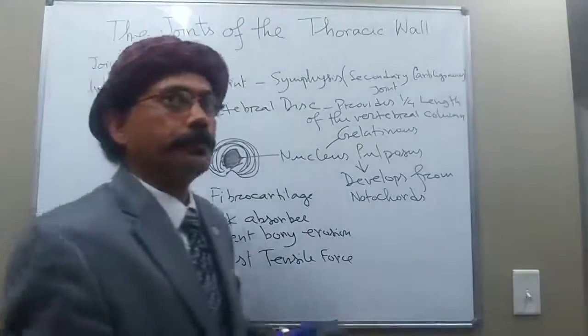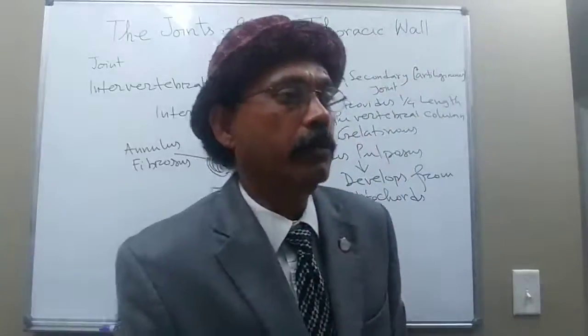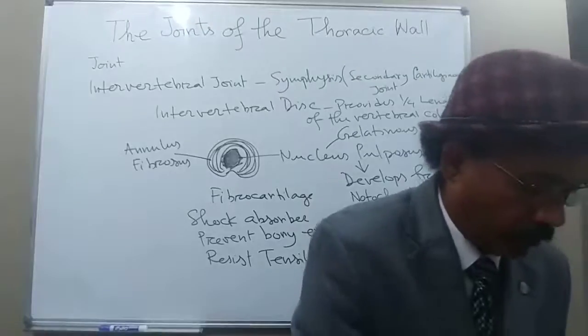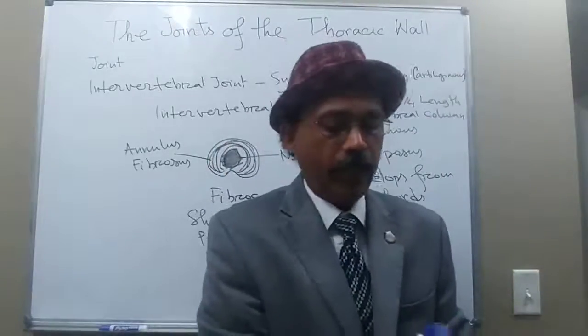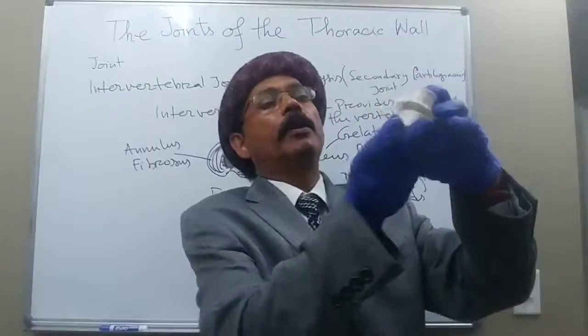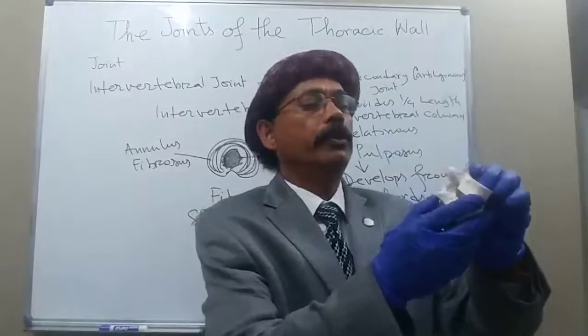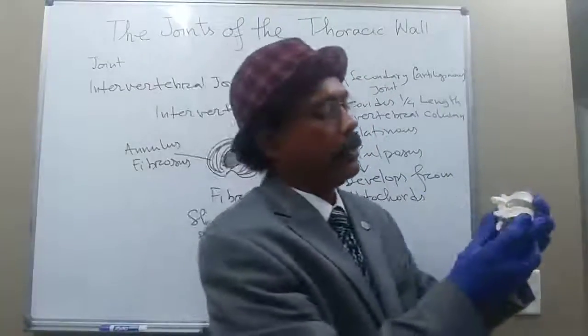We got that? Okay. Now we'll go to the other joints. Between the vertebrae, we got that. This is the intervertebral disc. Here is the intervertebral disc, and here. We also have joints between the articular processes here.